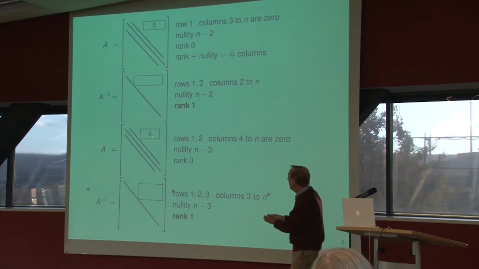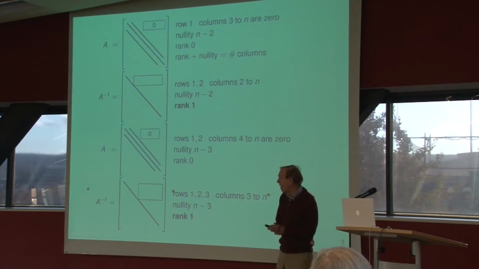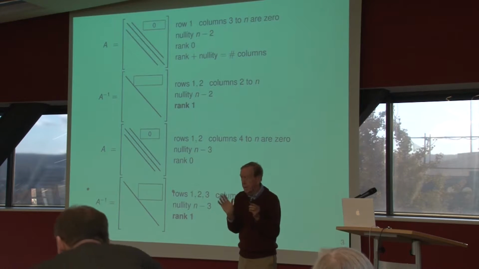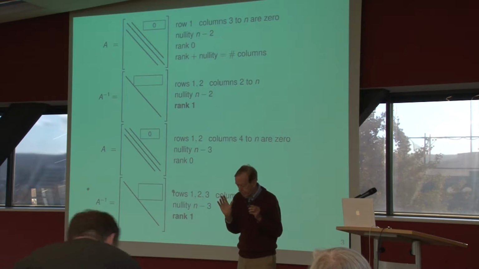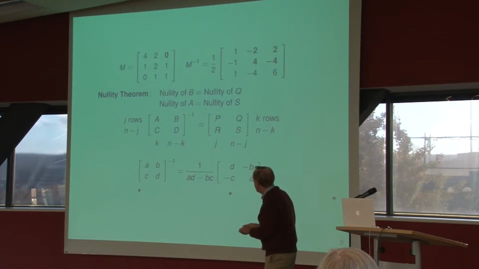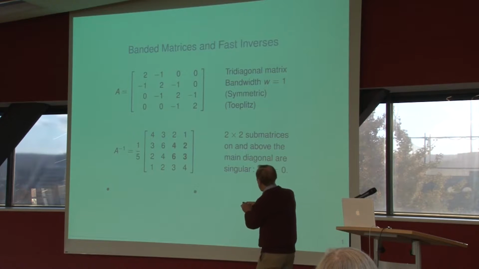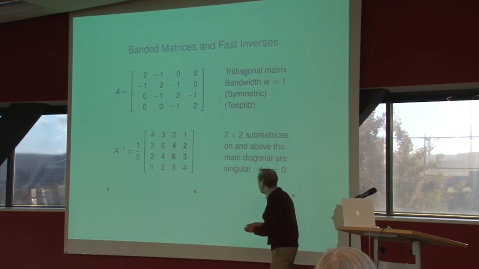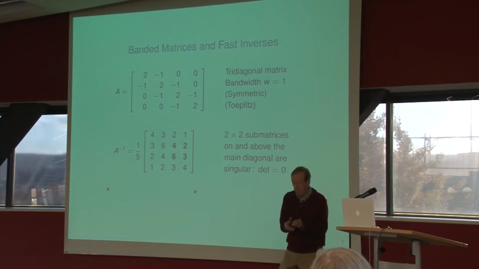If I have 2 rows of zeros, I learn something about this, but again, what I learn is rank 1. The point of that was to show this remarkable property of rank 1 off the diagonal, this semi-separable thing.